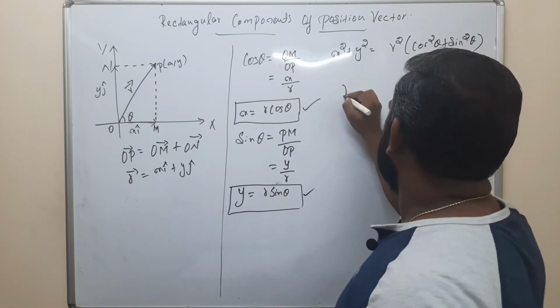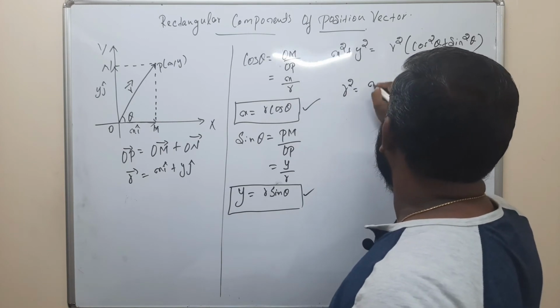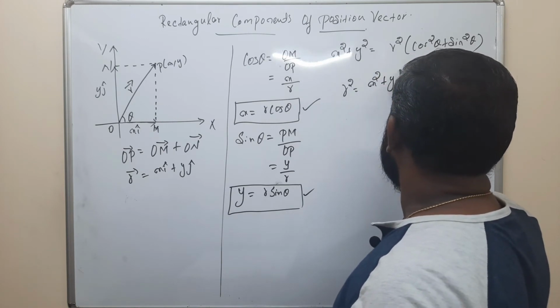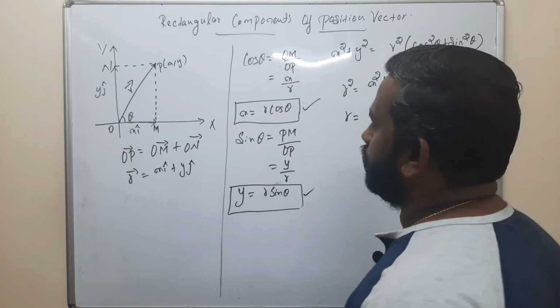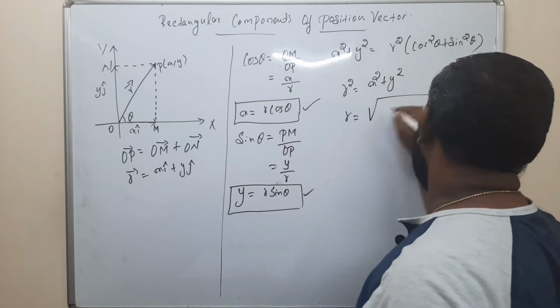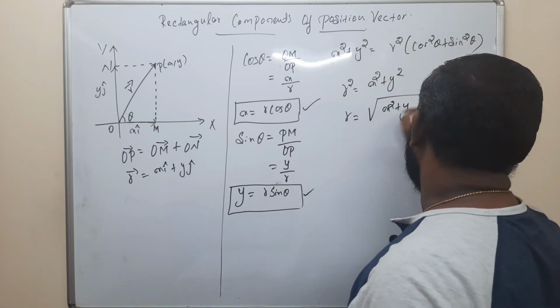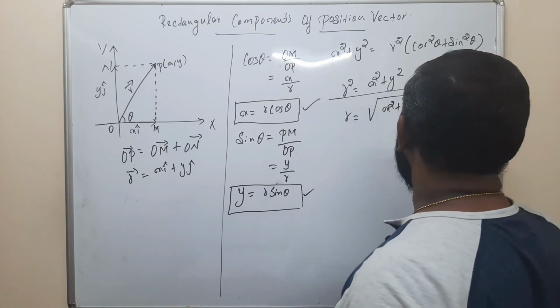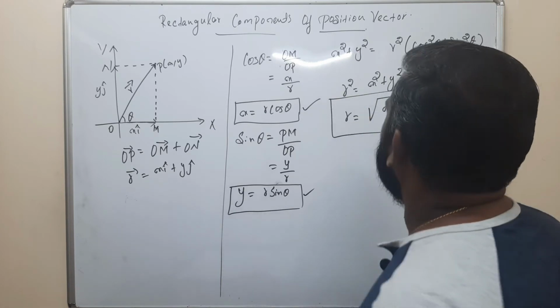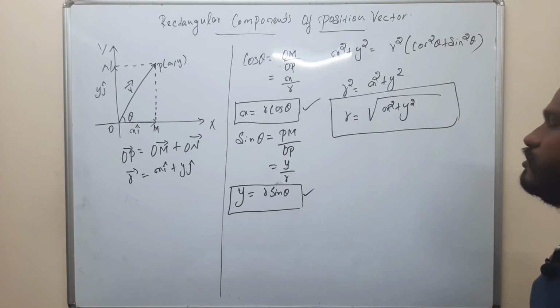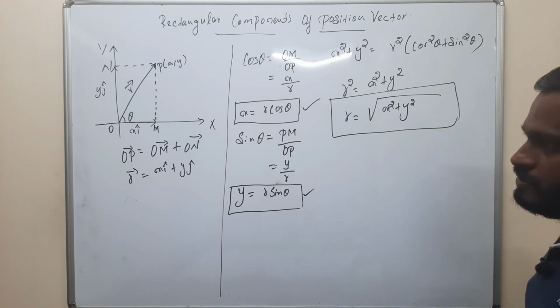So R square is equal to x square plus y square. R is equal to square root of x square plus y square. So this is the magnitude of the position vector.